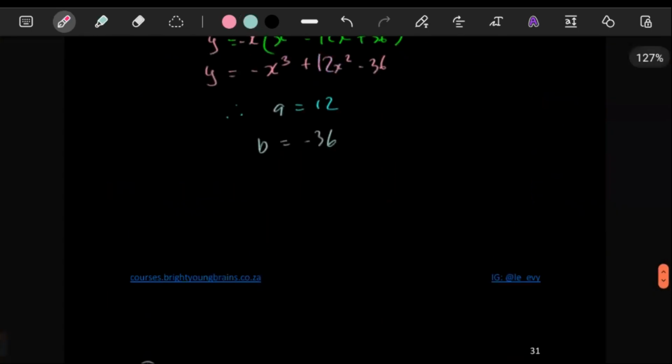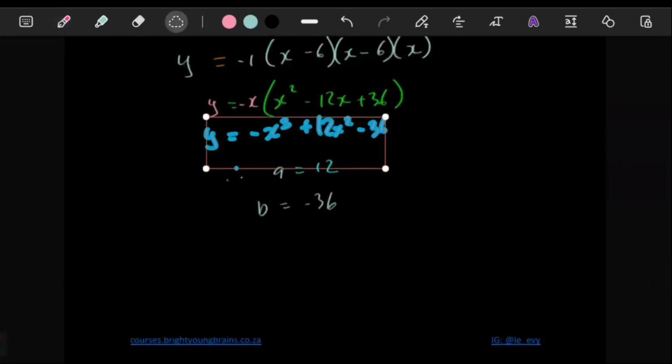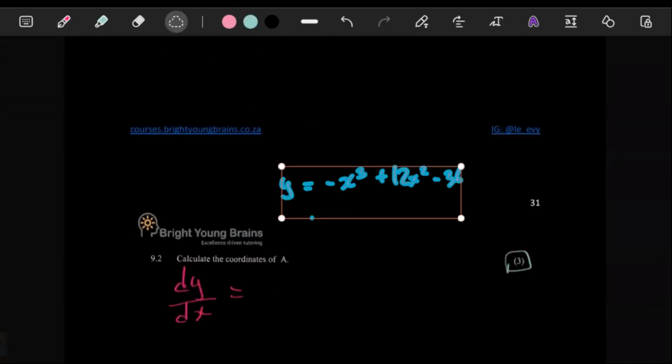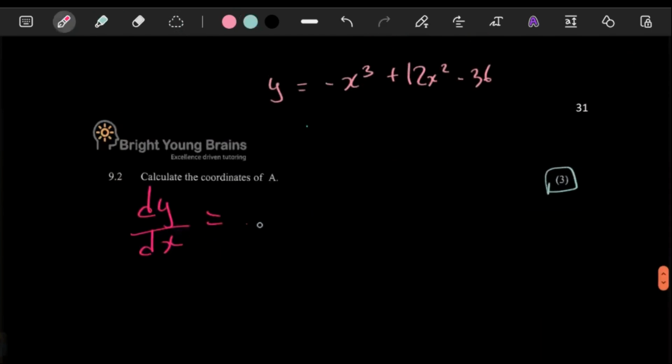So differentiating this equation, let's copy and then paste. So here we have -3x squared, positive 24x, and then this just falls away.